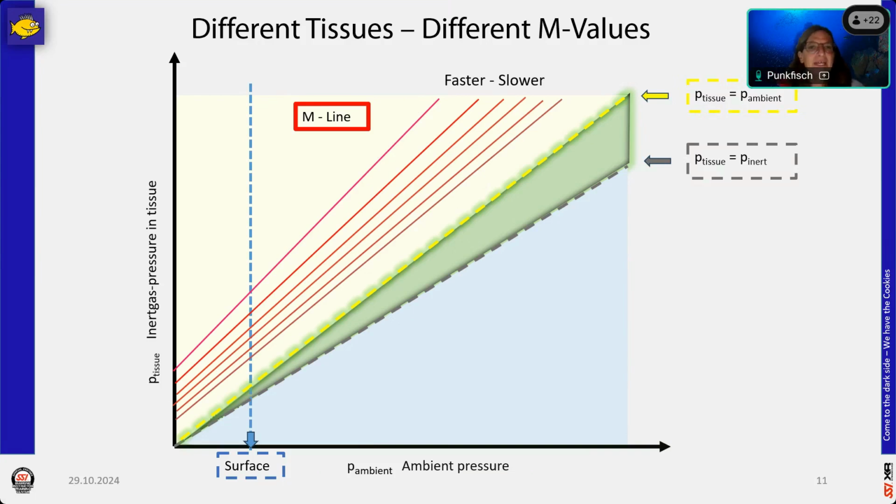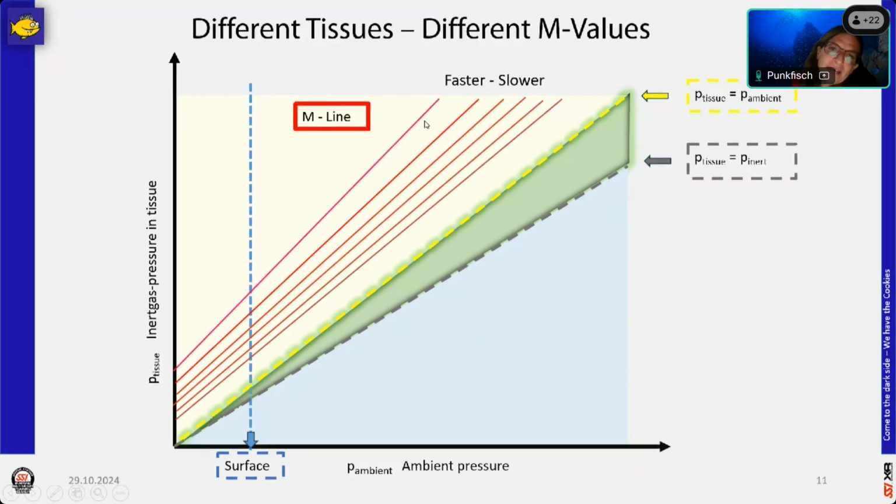So our blood is really able to hold some more nitrogen because it does get released through the lungs. And the risk of having a little bit of a higher supersaturation in a faster tissue is just not as big as having a higher supersaturation in the slower tissues. So every tissue has a specific M value, and these lines you see have a small inclination.